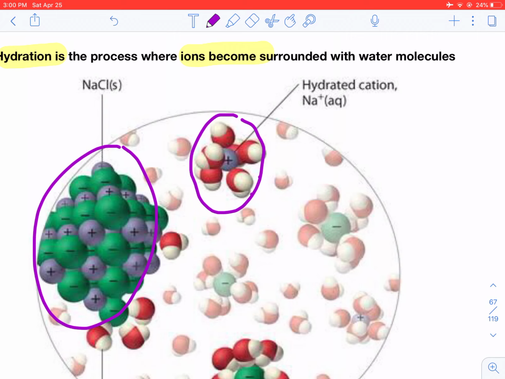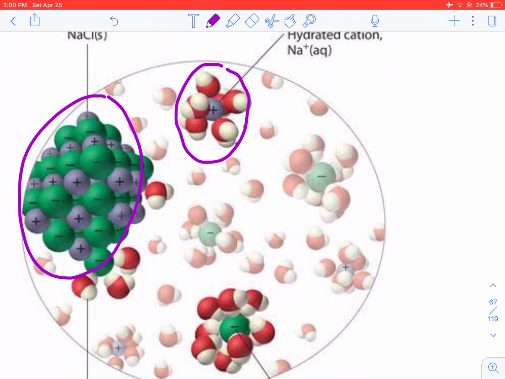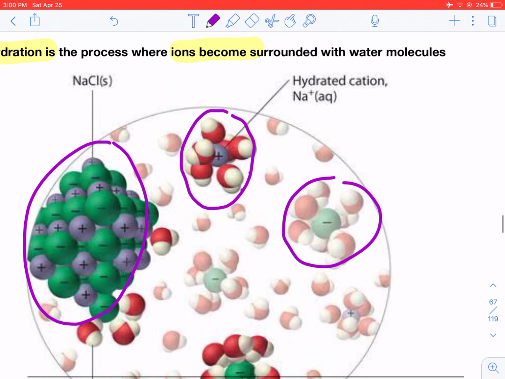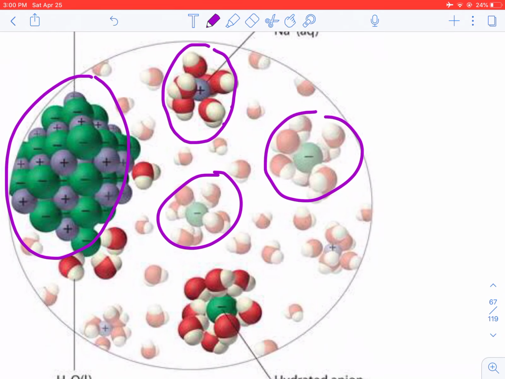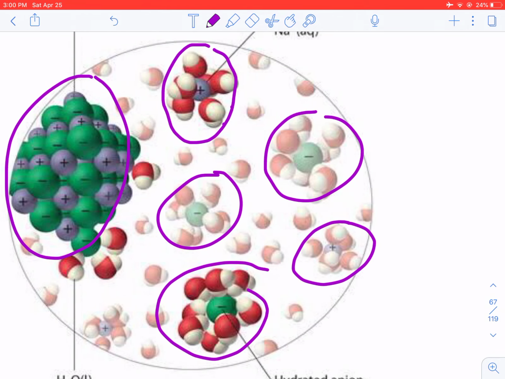As you can see, the negative end of your water molecule is surrounding the positive particle. And here, in this case, you've got the positive end of your water molecule surrounding the negative ion. So we say that these ions are hydrated.